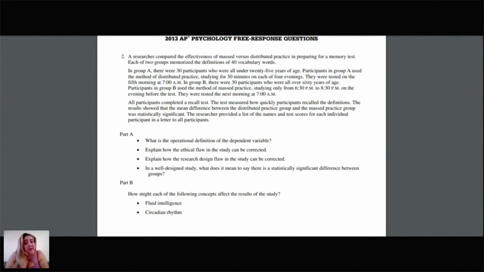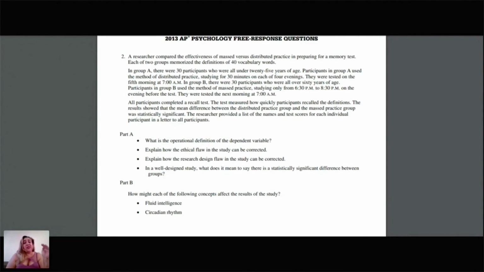When you're looking down here at the bottom, it's asking about the operational definition, if I remember correctly, of the dependent variable. It's asking a question about the ethics. Remember what I told you, and how it can be corrected. It's asking a question about what is the design flaw in the experiment, which means there's something wrong with the setup. And it's also asking you to talk about statistical significance and what that means between the groups.